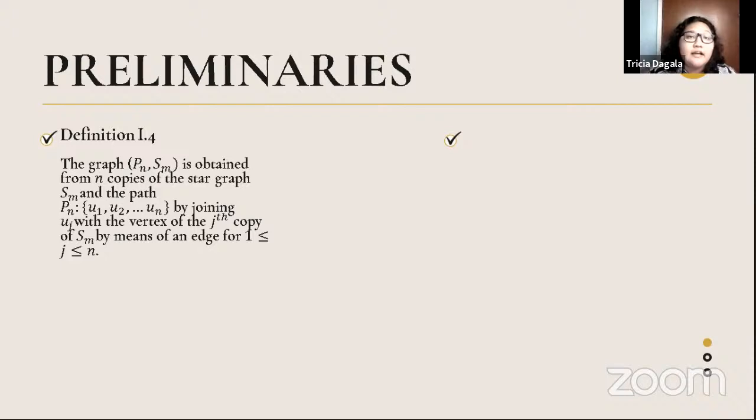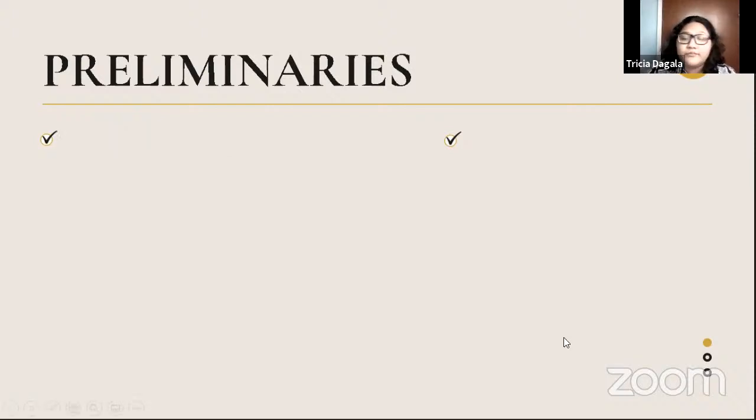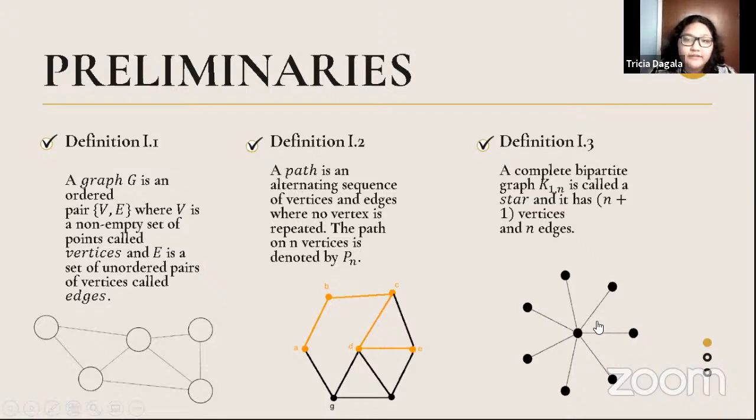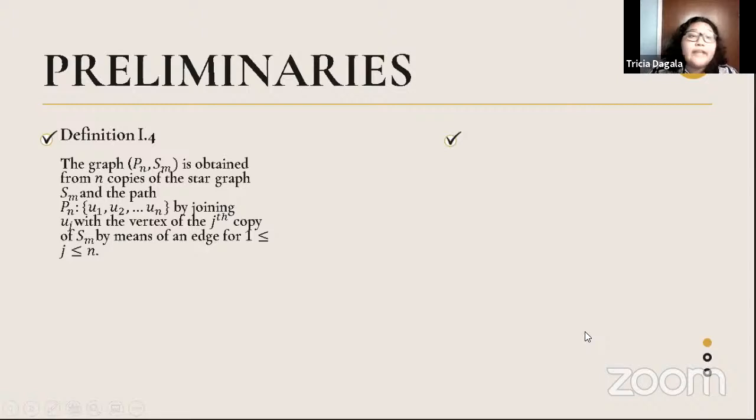Kumbaga in this graph, itong star, you will replicate it n times, n copies of the star graph. Then there is also a path. You will join a vertex of that path to the jth copy of the star. Kumbaga, ipagsasamahin mo lang silang dalawa. Ibig sabihin, yun na yung graph na P sub n and S sub m.